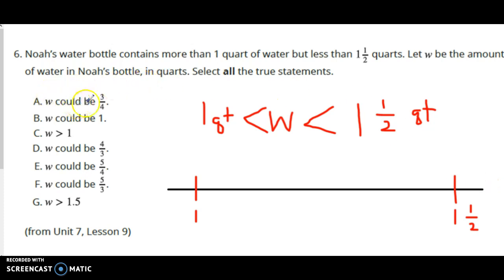Okay, A, W could be 3/4. 3/4 is less than 1, so A would be over here. Is that in my acceptable range? No. W could be 1. B would be right here on my 1 line, but the problem is that it doesn't say more than or equal to. It just says more than. So that's why I used a greater than symbol here.